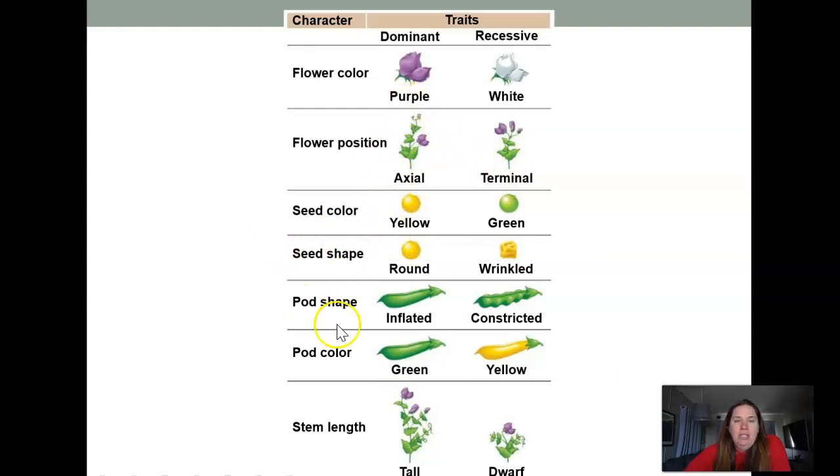And each of these characteristics had either one option or another, which is a really nice model to study. For example, if you look at the stem length, they were either tall or short. You didn't have tall, short, and middle, for example, or you didn't have green seed pods and yellow seed pods and then something that was somewhere in the middle that was some combination of those two colors. So he had a really nice model set up here where he had 2 different traits for each particular character that he wanted to look at.